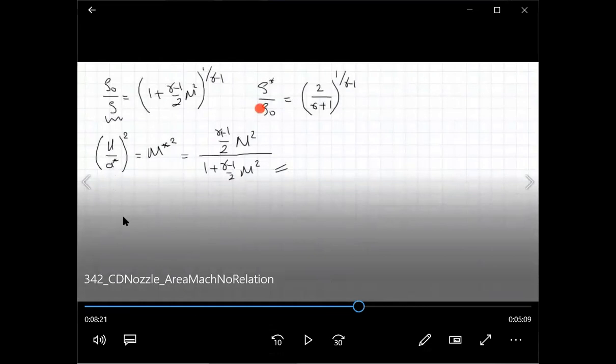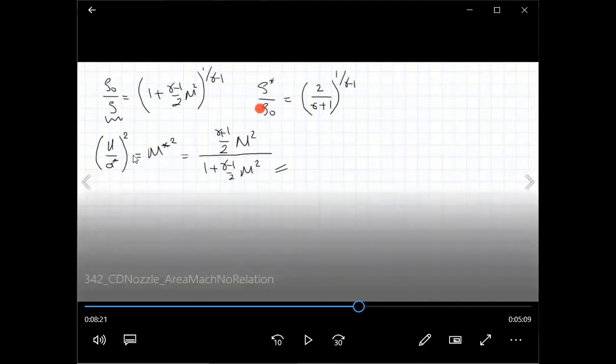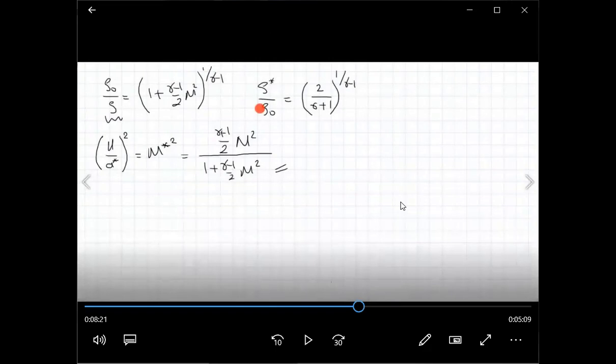Let's think about a streamline. Anywhere on the streamline, you will have a u value, some velocity. And what is a star? A star is not the local speed of sound at the location where you get the u value. A star is a location on the same streamline where you reach the Mach 1 condition.